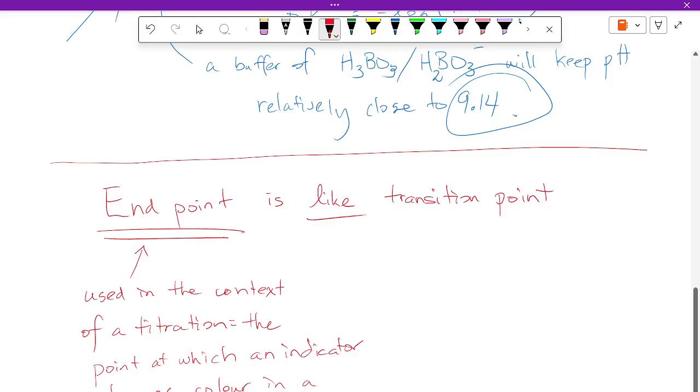Whereas the transition point is a more generic term. It is the point at which the indicator changes color under any circumstances. It doesn't have to be during a titration.